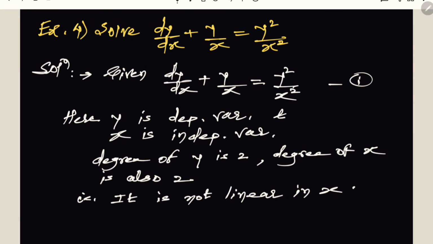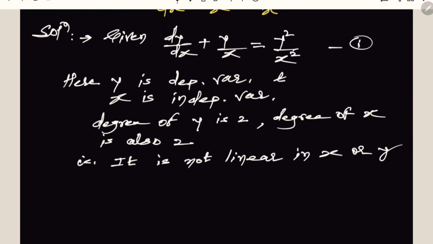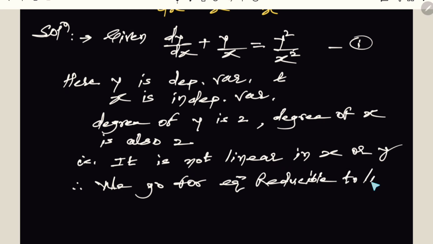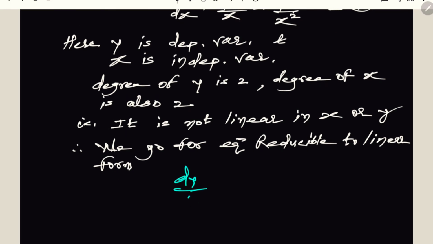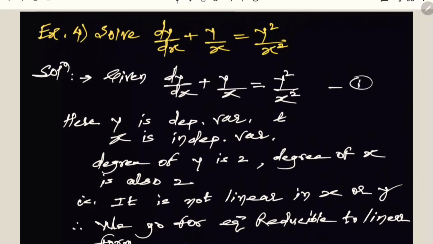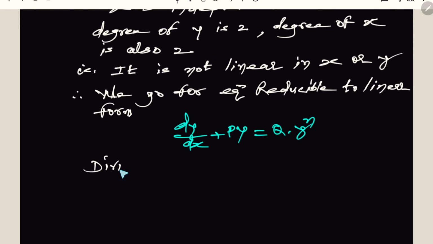We go for the next technique, equations reducible to linear. For that purpose, we convert the equation into the form dy by dx plus Py is equal to Q into y raised to n. Here it is y square.